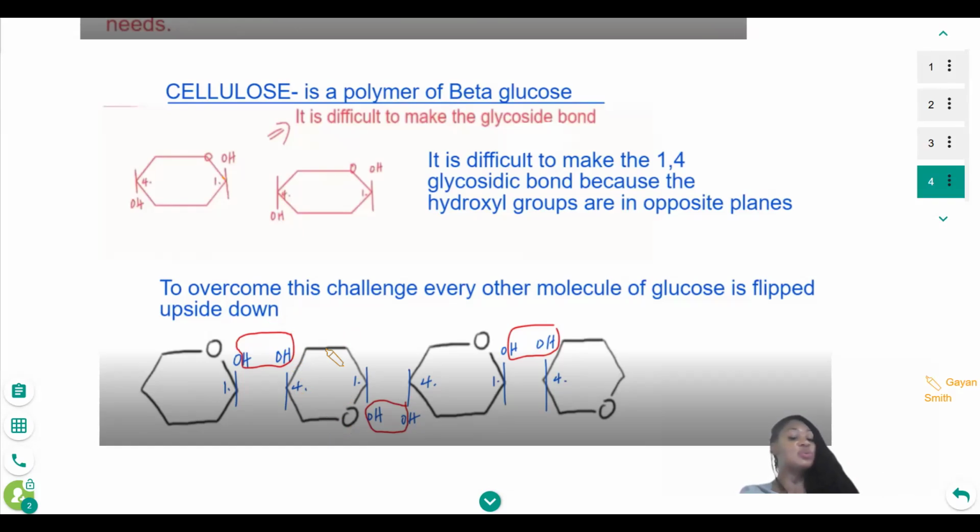So the molecule of cellulose does something that none of the other polymers had to do, in that it has beta glucose, and every alternate glucose molecule has to flip upside down. So it is able to make these 1,4 linkages, all right?